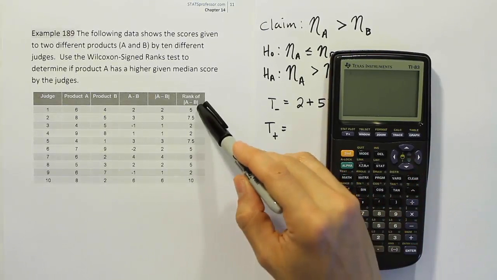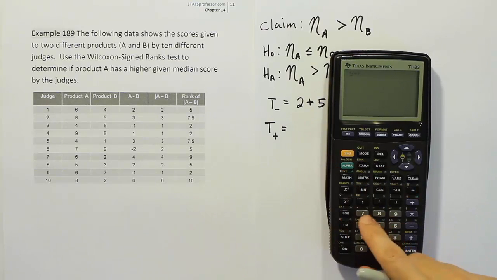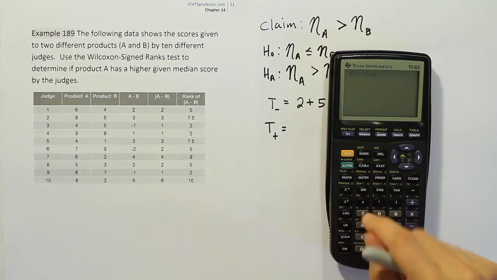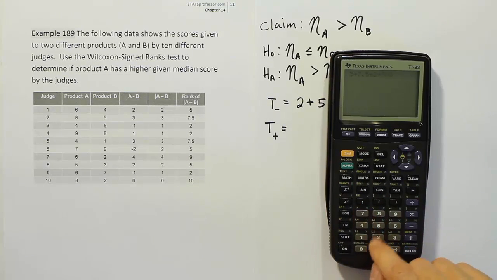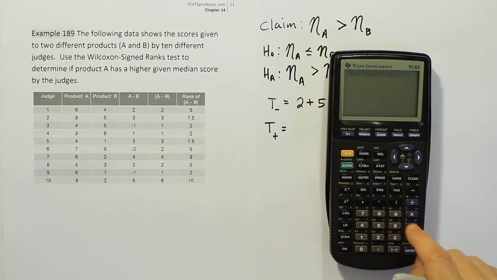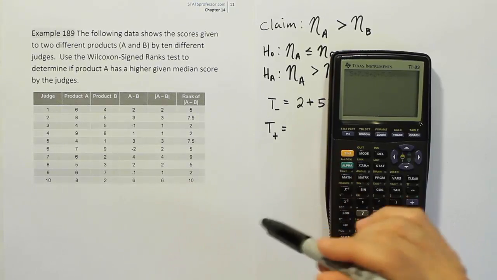So let's try that again. It'll be 5 plus 7.5 plus 2 plus 7.5 plus 9 plus 5 plus 10.